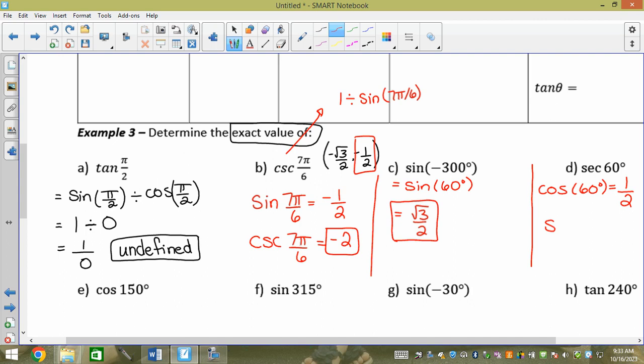So what's secant at 60? 2. How could I type in secant 60? Let's practice it. What would it be? 1 divided by cos of 60 degrees. But this time I'd have to be in degree mode.